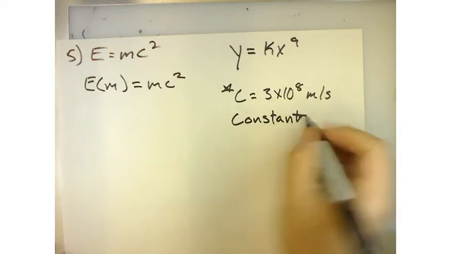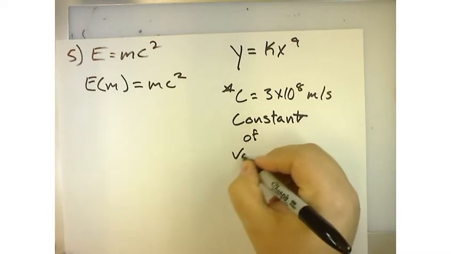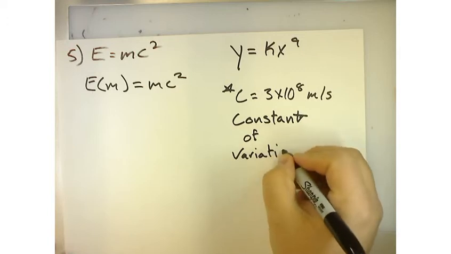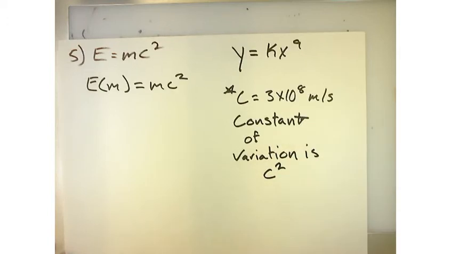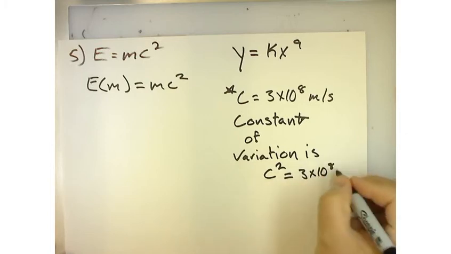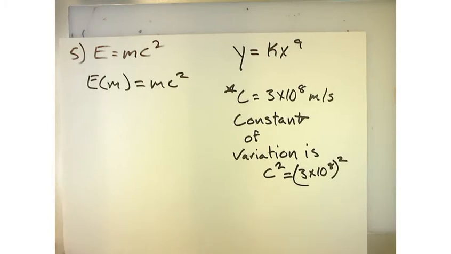So this is really our constant of variation. Because that's a number and it'll never ever change. Now here's the other clue.